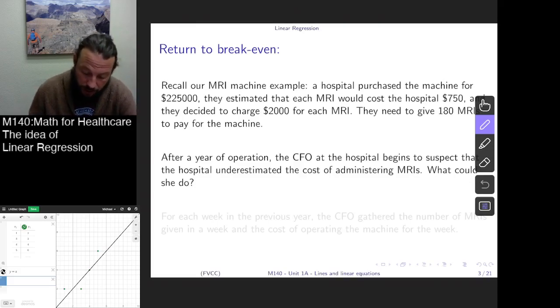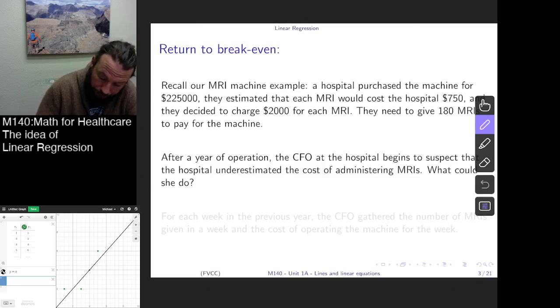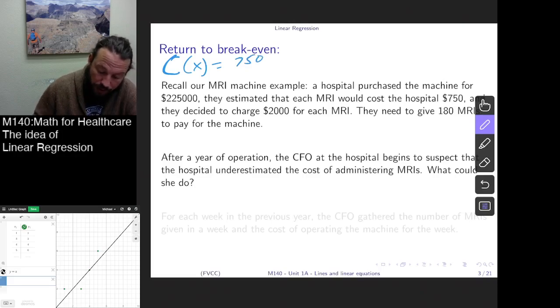One thing I want to note here, as a little bit of a review, is our MRI machine. Remember we said the cost function is $750 per MRI. The units on that are dollars per MRI, and that tells us it's the slope of our linear function, plus the fixed cost, $225,000, and that's in dollars, okay?